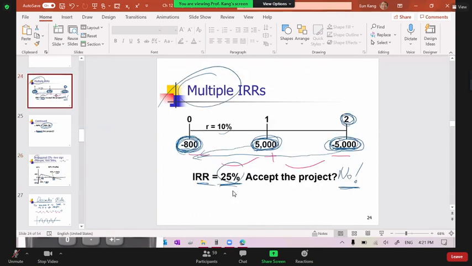So IRR is what? Minus 800 plus 5,000 over 1 plus IRR minus 5,000 over 1 plus IRR squared equals what? Be bold.